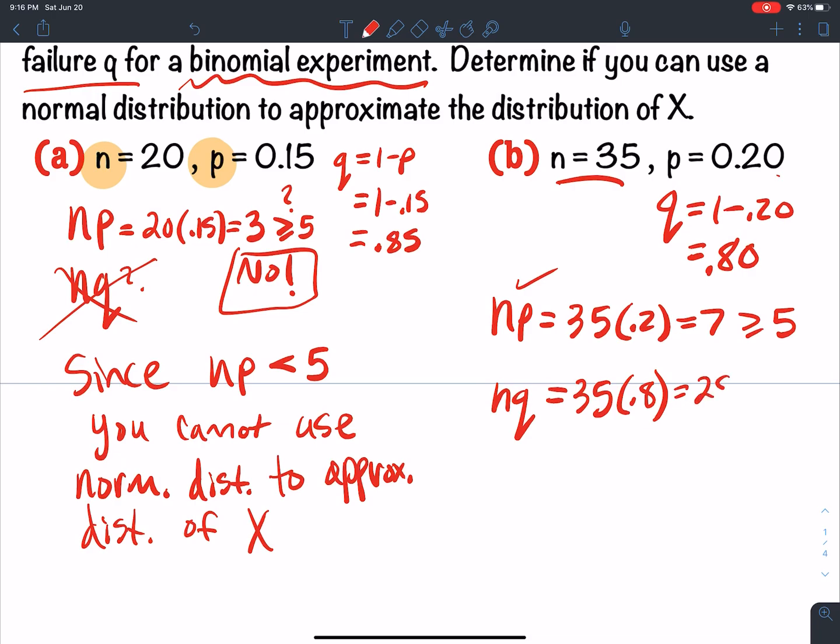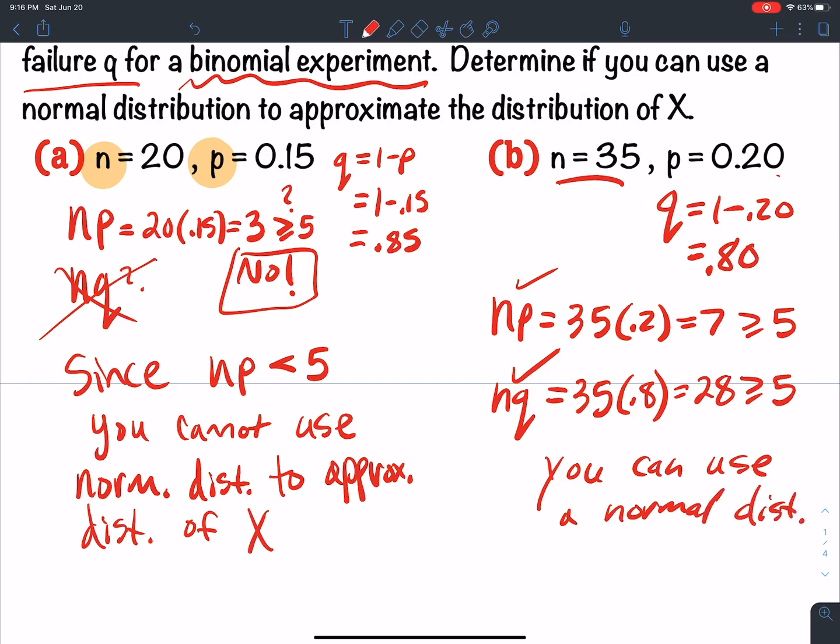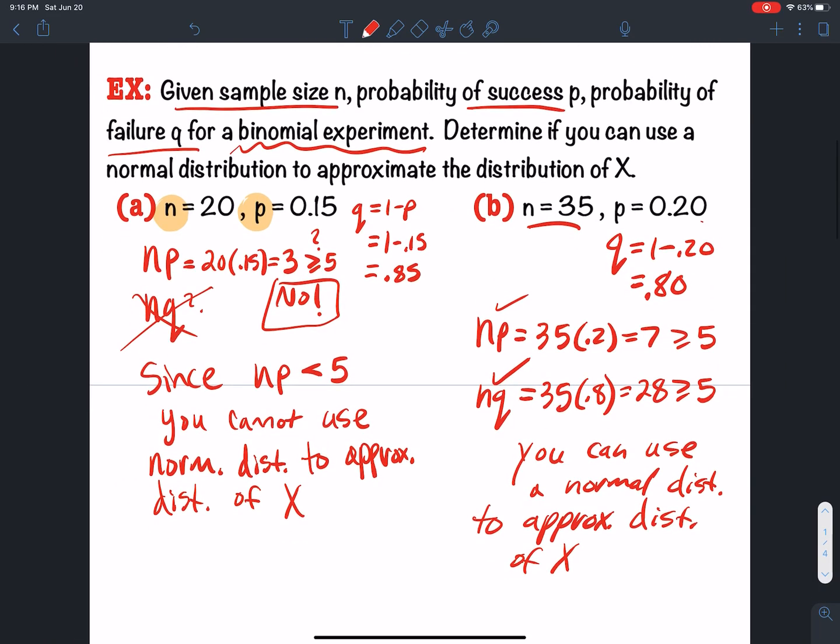That is 28, which is definitely bigger than or equal to 5. I'm good here. So you can use a normal distribution to approximate the distribution of x, which is a binomial distribution. So that's how easy it is, okay? That's all you've got to do there. All right, guys, good luck.